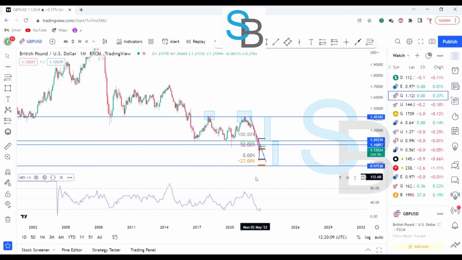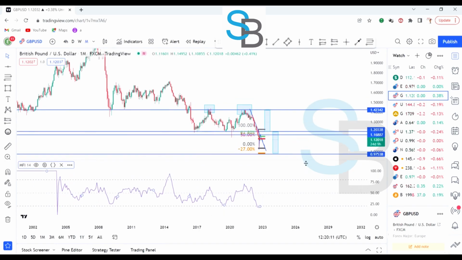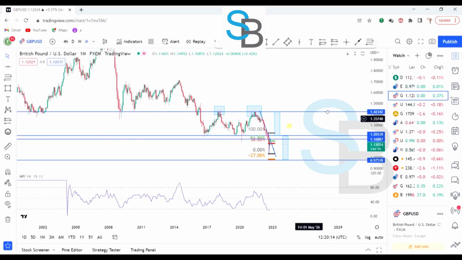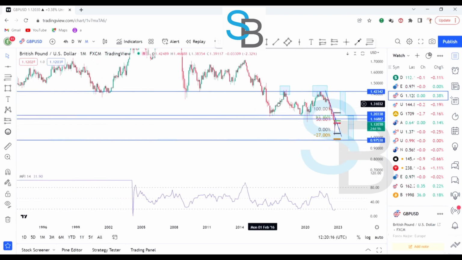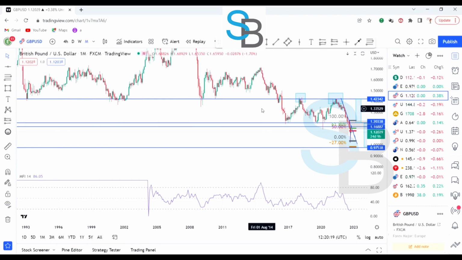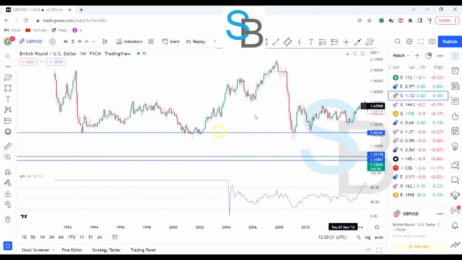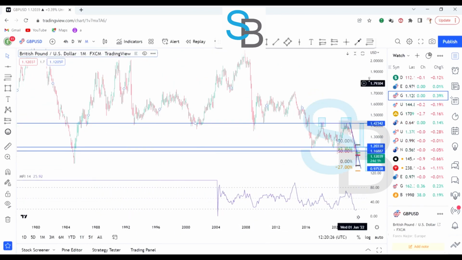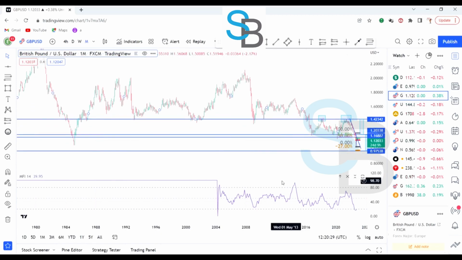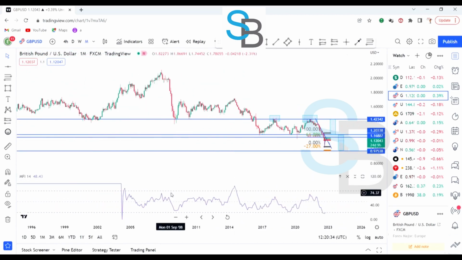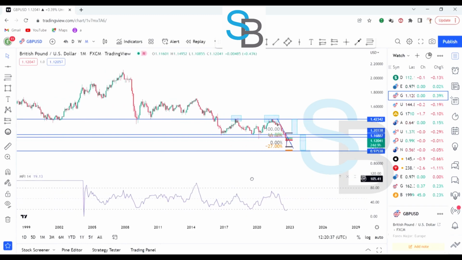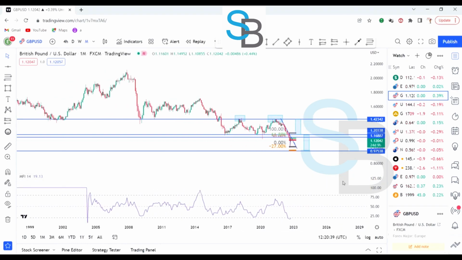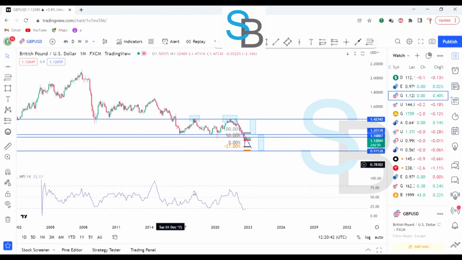So the MFI can be used to predict the direction of the market, to predict reversals, to identify overbought and oversold regions, to identify divergences in the market, and so on and so forth. So we'll just use it simply the way we'll use the RSI, okay? That's the same way we tend to use the MFI, the money flow index.